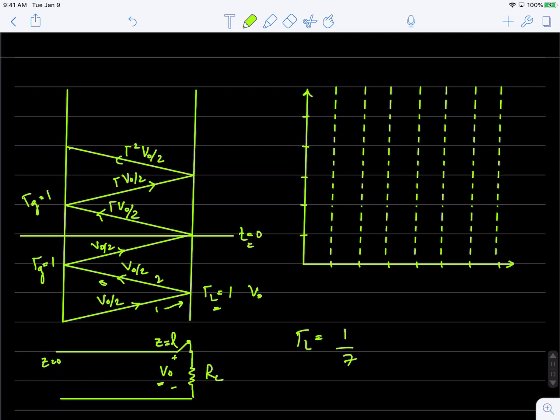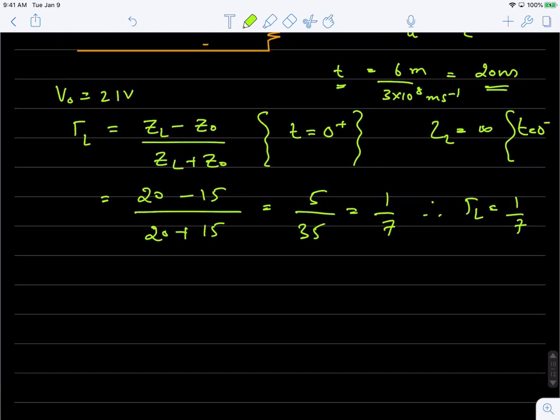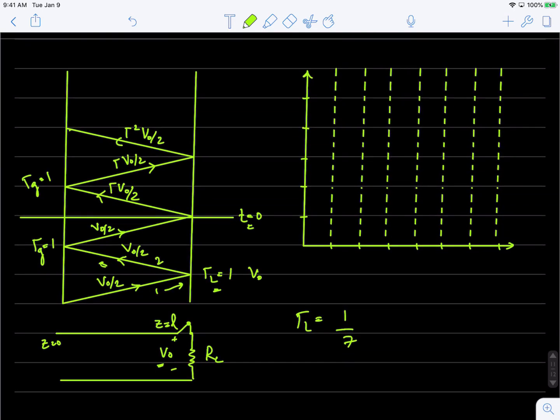So this is t is equal to 0 nanoseconds, and then this is equal to 20 nanoseconds, and this is equal to 40 nanoseconds, then this is equal to 60 nanoseconds.